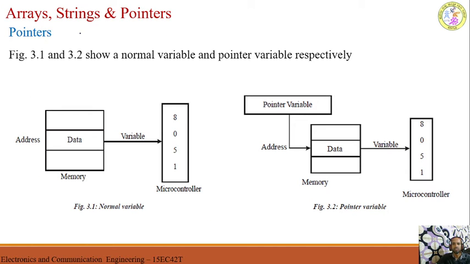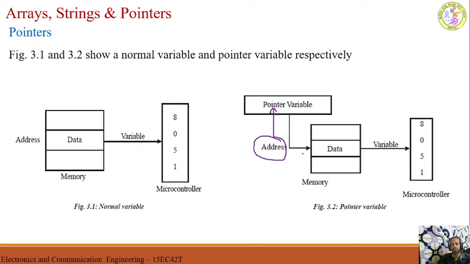For example, here you can observe the normal variable. The data will be stored in the memory, and this is the address, and this can be accessed by the 8051 microcontroller. This is our data and this is the address. Whereas what is a pointer variable? This address will be stored in another variable, that is called a pointer variable.